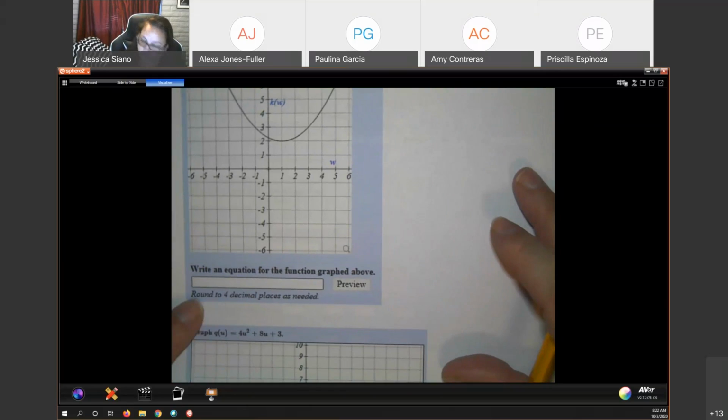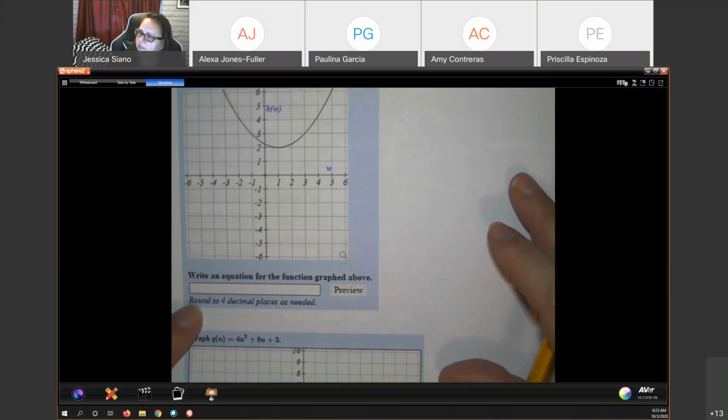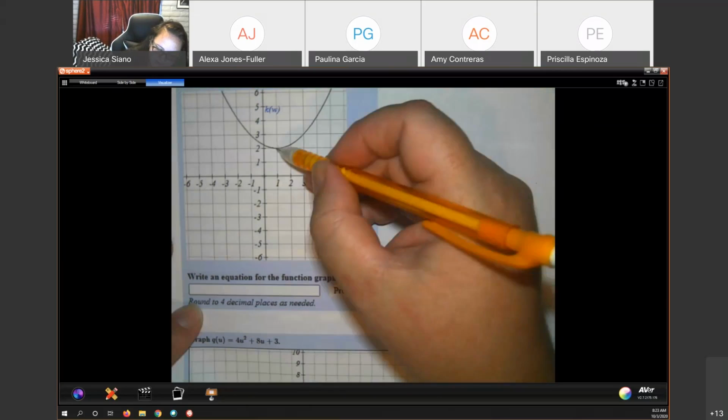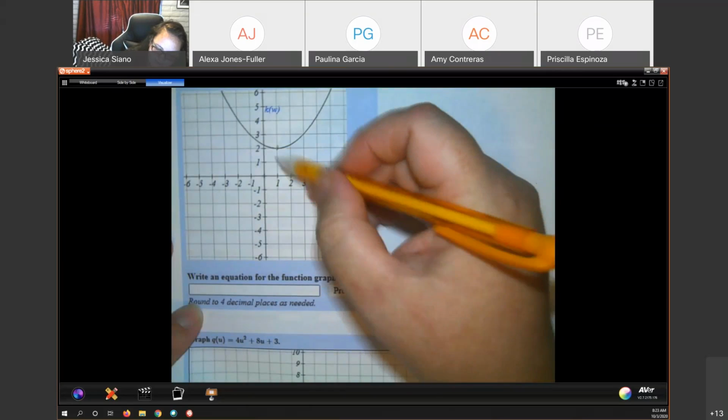I wonder if they want vertex form or standard form. All right, well, we can start in vertex form. Here, my vertex is at 1, 2.